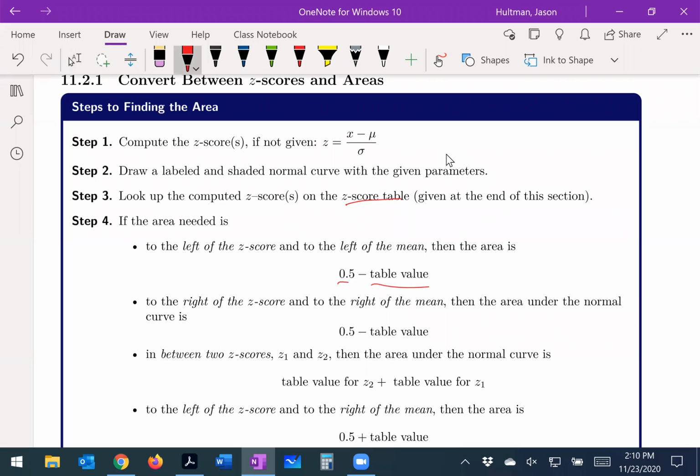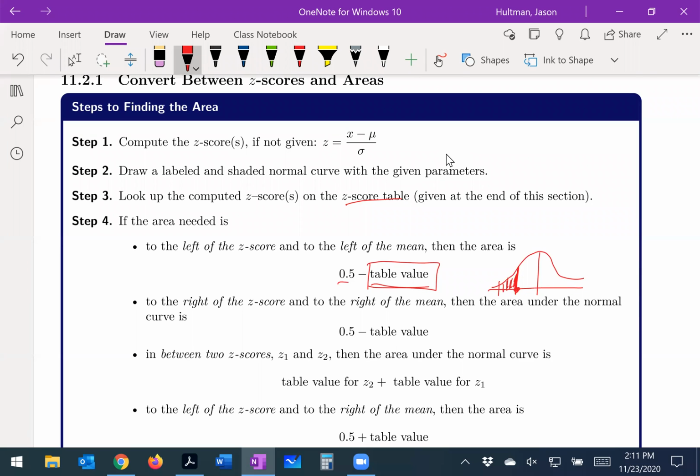So it says if the area is to the left of the z-score, then it's 0.5 minus the table value. We'll get to what the table value means, but if we want the area to the left of the z-score like that, then it's half minus whatever that z-score's table value is.